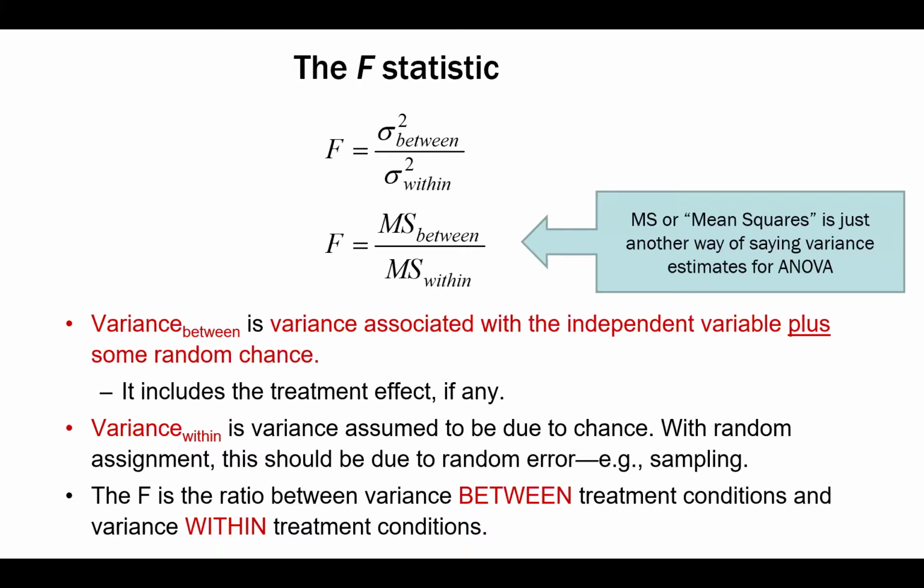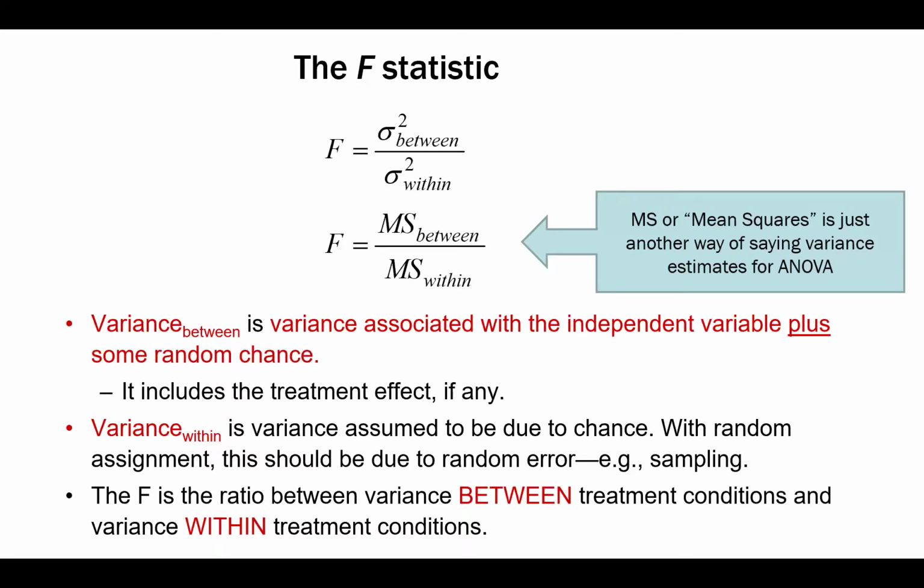Now note where I have MS. MS is an abbreviation used almost primarily in ANOVA models. It means mean squares or it means variance. It is simply another notation for variance. It is very commonly seen, so you need to know what it is, but it means variance.